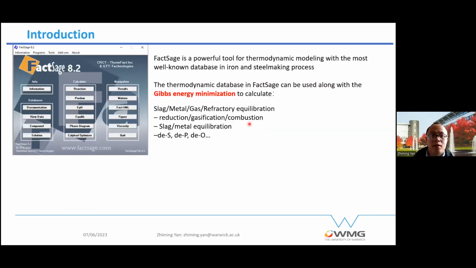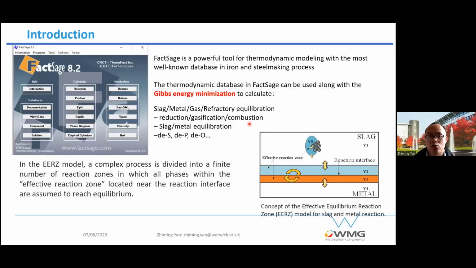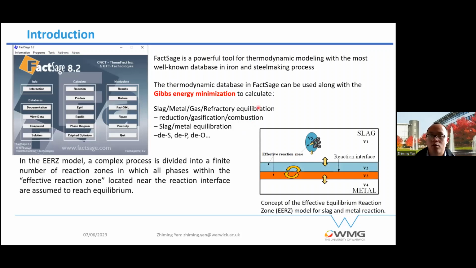And then FactSage is a powerful tool for thermodynamic equilibrium modeling calculations, and especially in the ironmaking and steelmaking process it is very useful. So in this work, the process involves slag, metal, gas, and refractory.